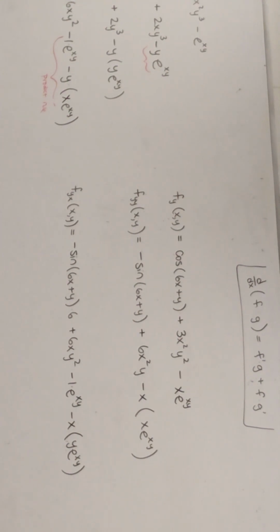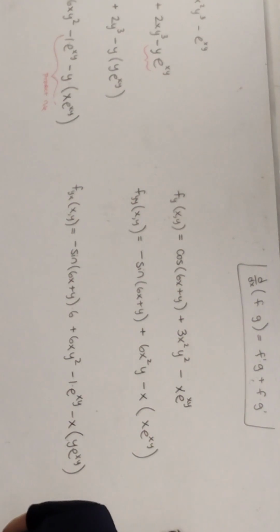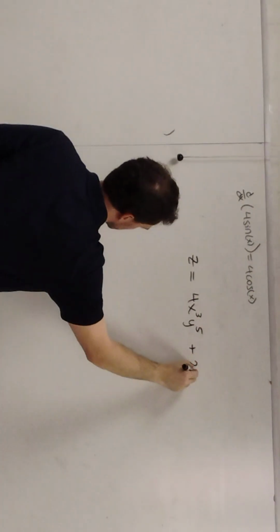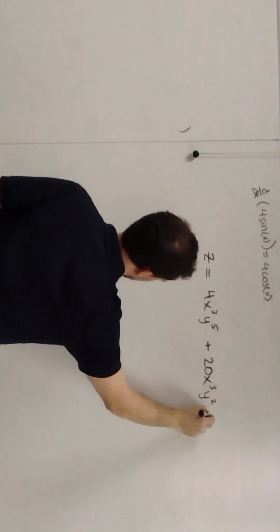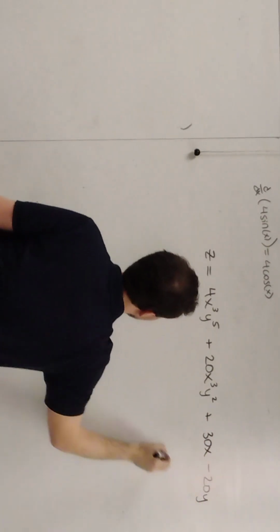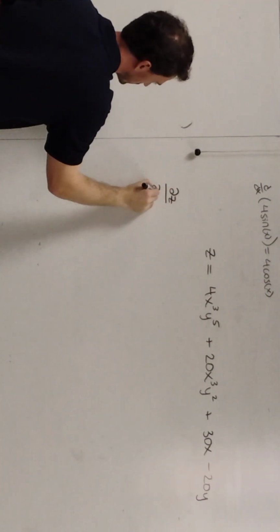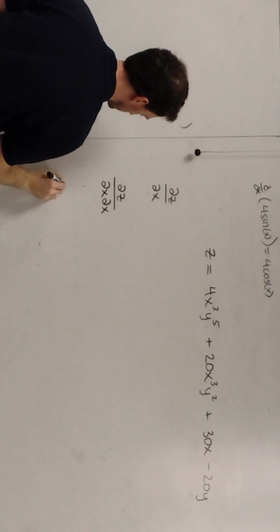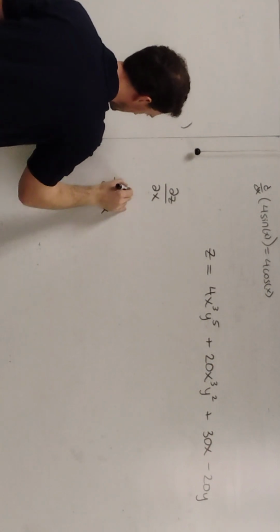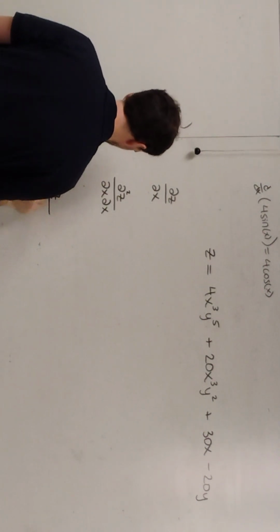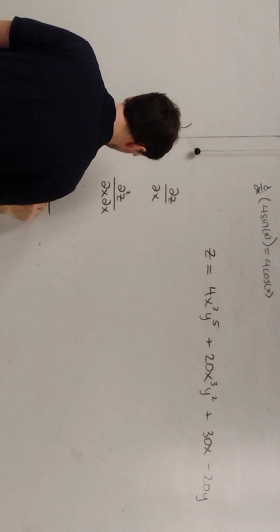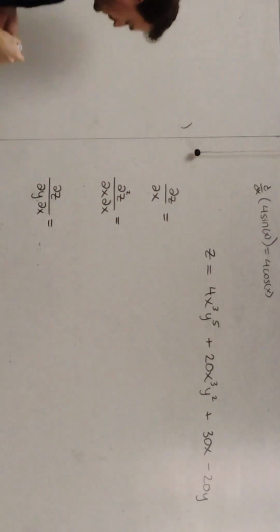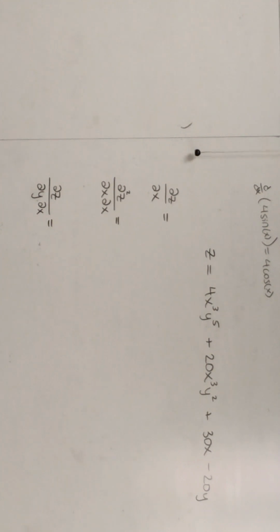We're just going to change up the notation, because it is going to be slightly different if we use the other one. Top one, partial derivative with respect to x.